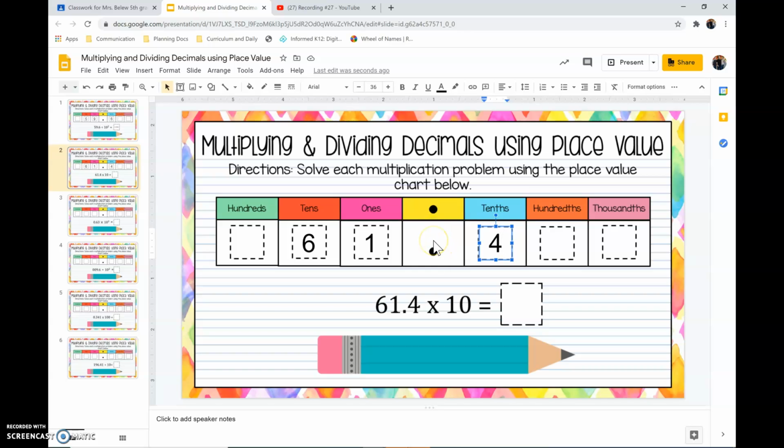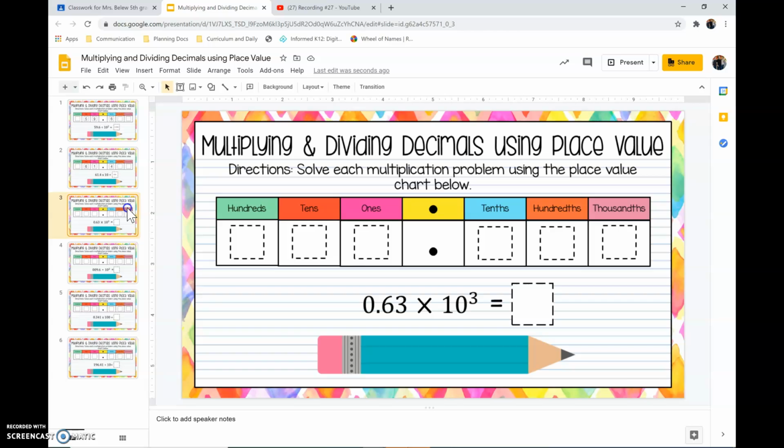If it slides 1 spot to the right, it's going to slide right back here past the tenths, between the tenths and the hundredths. So my new number is simply 614. That's it. Again, the digits don't change, the decimal does.